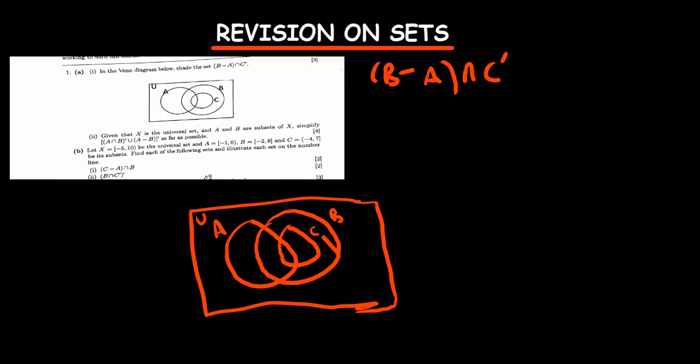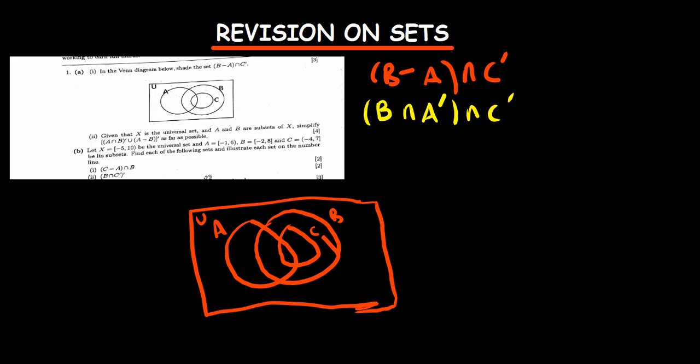From set algebra, when we say B minus A, that's the same as writing what, when you are talking of set difference? Yes, that's correct. So B intersection A complement, then intersect C complement. So you have something like this.